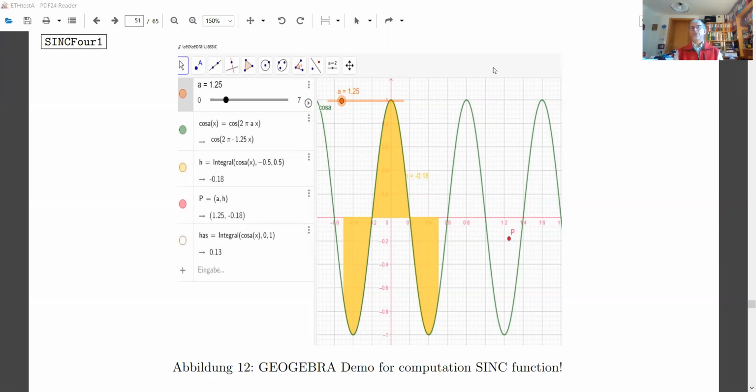So assume you now have a high frequency with, I don't know, 12.5 oscillations per unit interval. It means you have 12 times, or on almost 11/12 of the interval, you will have zero integral, and the remaining part will be at most this here.